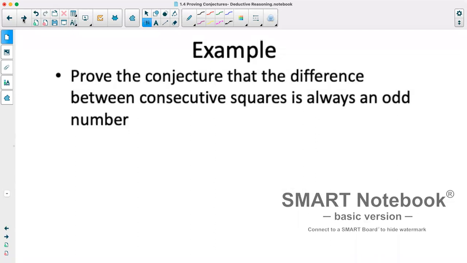Next example, prove a conjecture that the difference between consecutive squares is always an odd number. Now, the key to this question is knowing what various words mean in terms of their mathematical meanings. So difference means we're going to be doing subtraction.